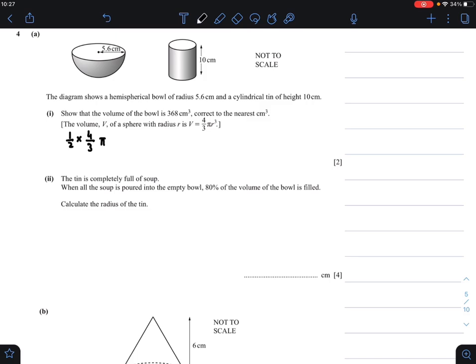So 4 by 3 pi r, in this case, as they've given it to us, as 5.6. So 2 and 4 can get cancelled out because 4 divided by 2 is 2. Therefore now all we need to do is input this into calculator.